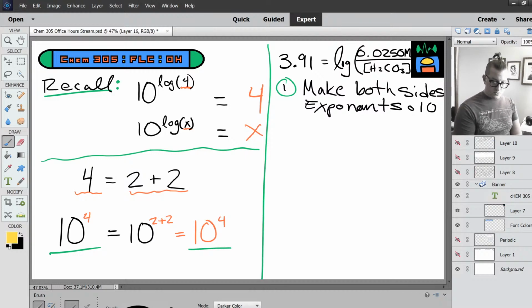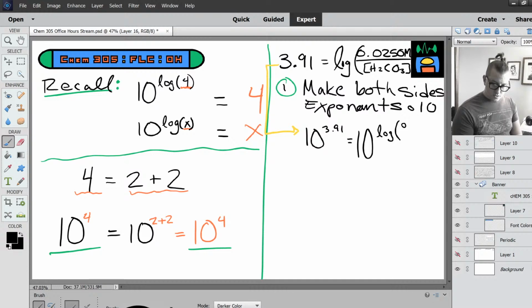When I do, I'll have 10 to the 3.91 is equal to 10 to the power of log 0.0250 molar over the molarity of carbonic acid.